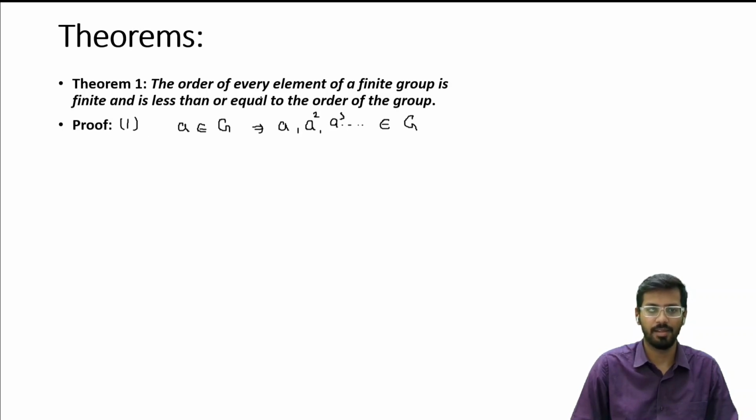Meaning, if a belongs to G, then a dot a should also belong to G by closure property.